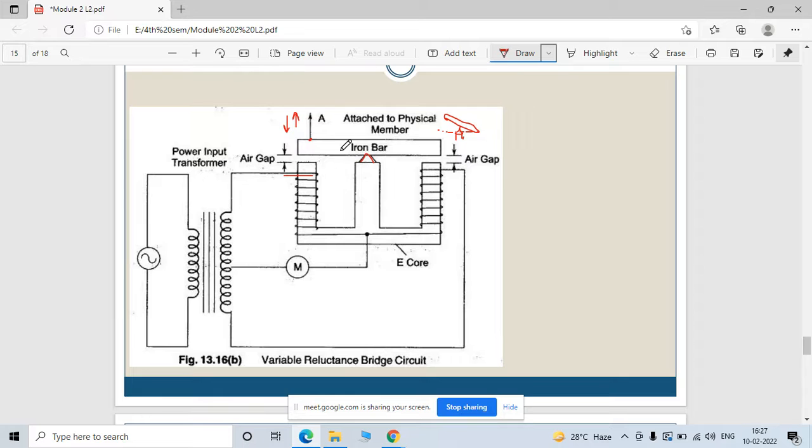So at this location both have equal inductance, but when this magnet is shifted upward, this air gap reduces. This air gap reduces means inductance is more. For this condition, inductance is more for this coil and less for this coil.